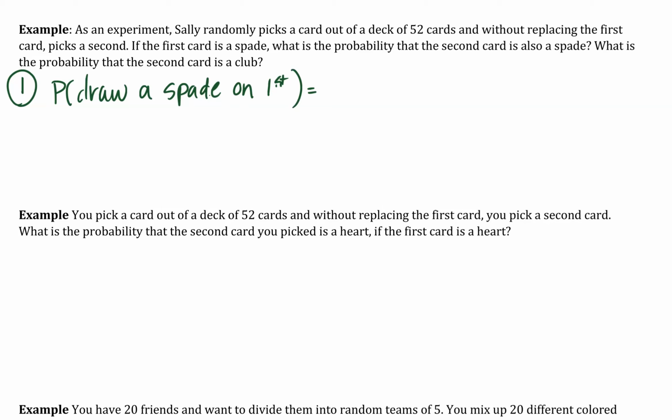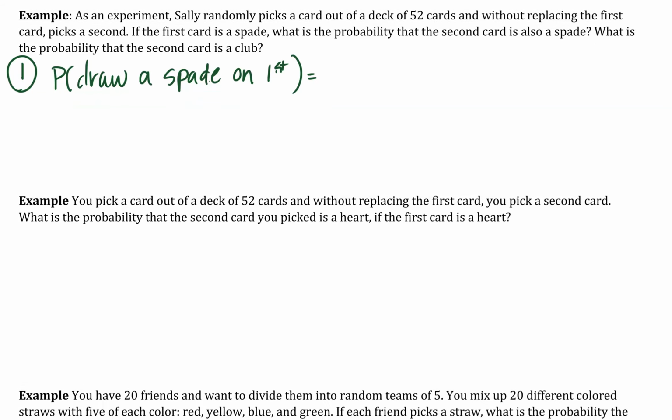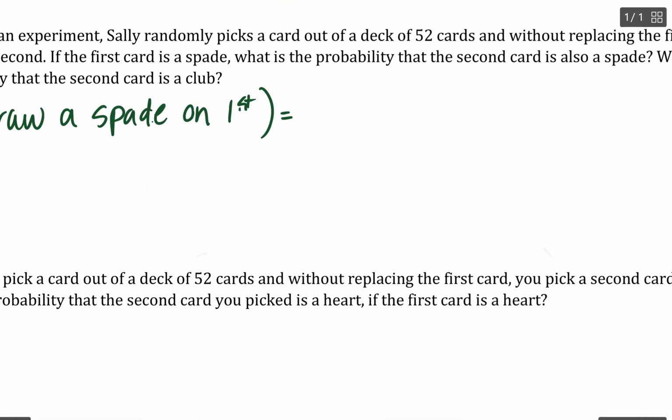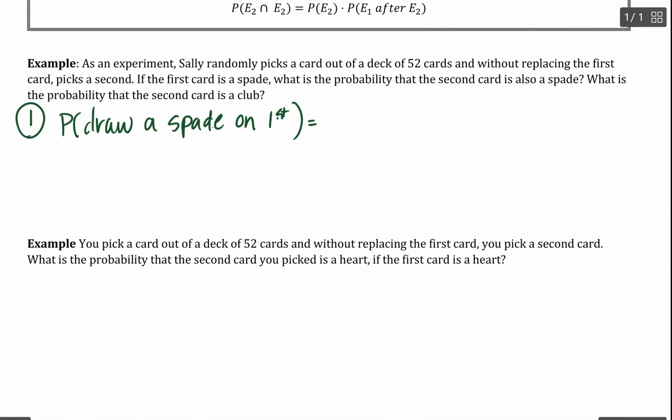In a deck of cards, our spade is one of our denominations, which there's 4 of those in a deck of cards, and there's 13 of each. So there are 13 spades in a deck of cards out of those 52 cards. So that's the probability that we draw a spade on the first one.